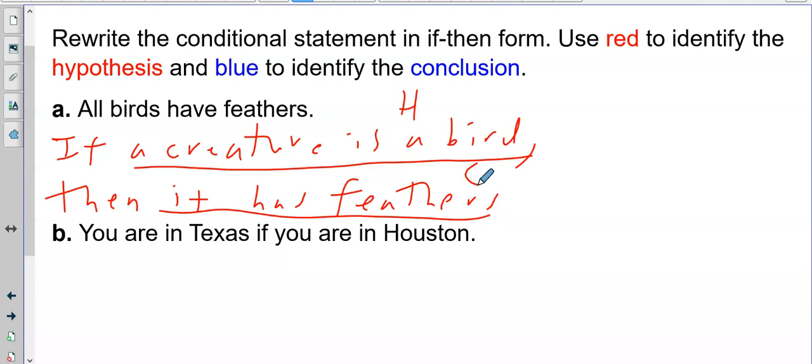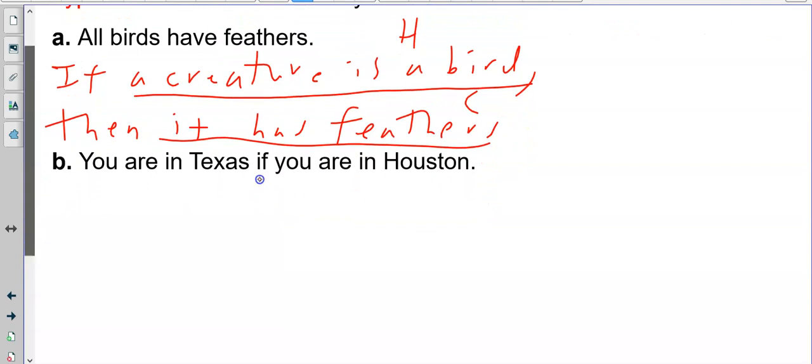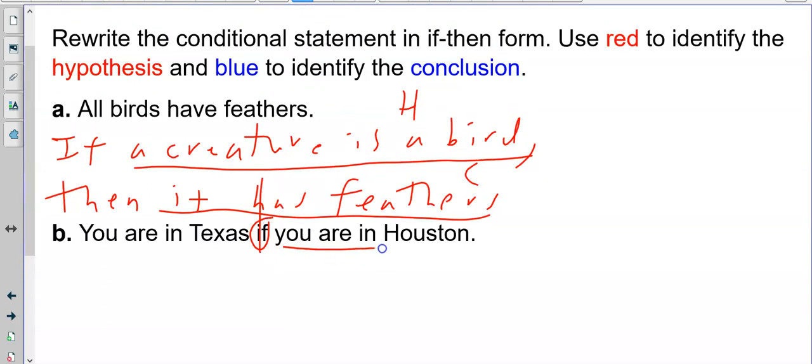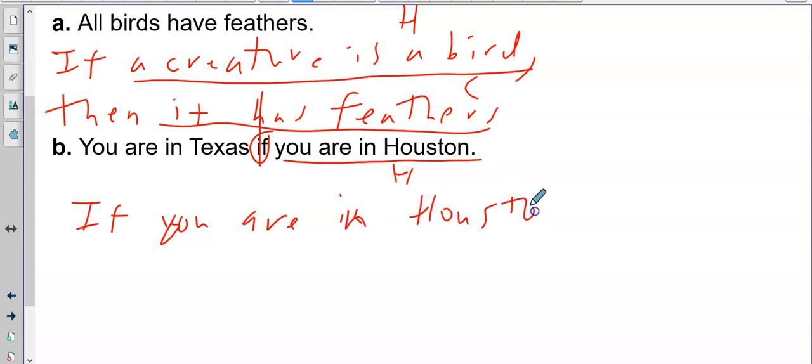You are in Texas if you are in Houston. Now notice this is kind of backwards. Here's my if right here. Here's my hypothesis. So to rewrite it as an if-then, I just move that to the front. If you are in Houston, then you are in Texas.